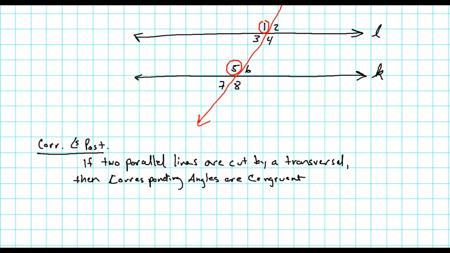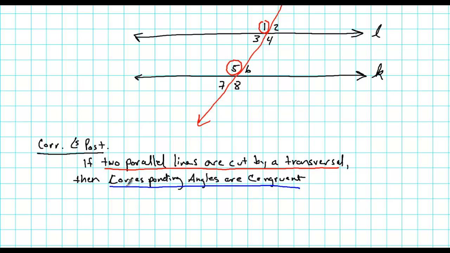Hopefully you make that connection and see that it would. But that's not what this says. This says if two parallel lines are cut by a transversal, then corresponding angles are congruent.